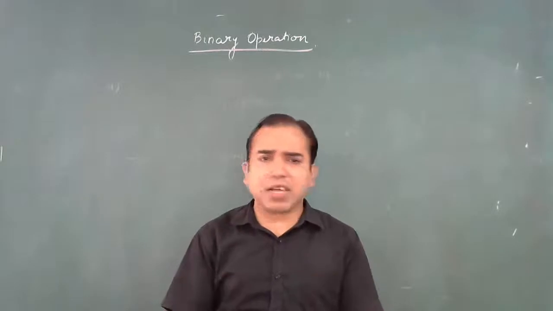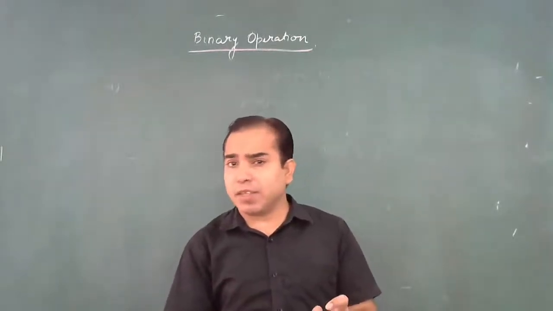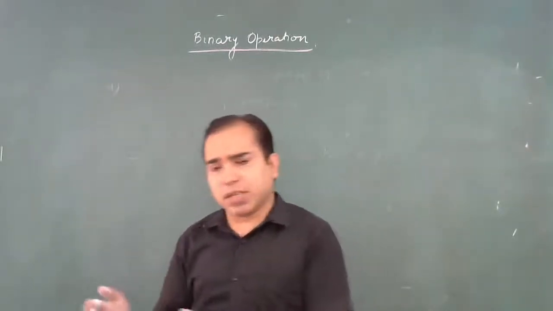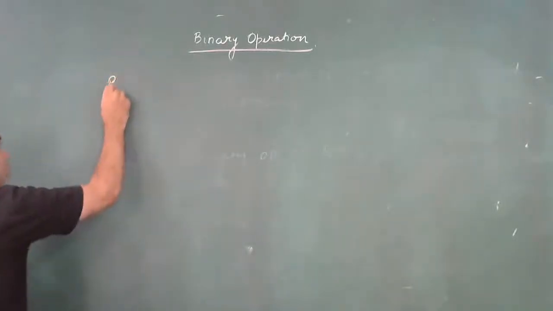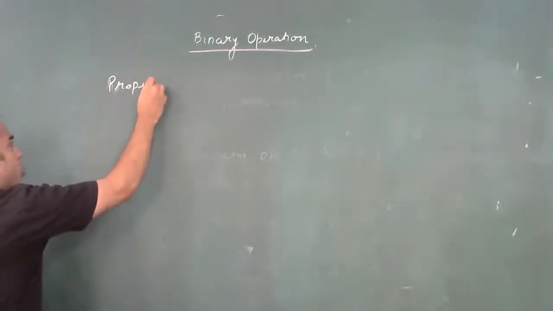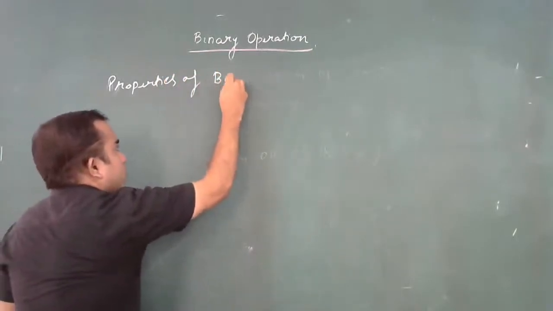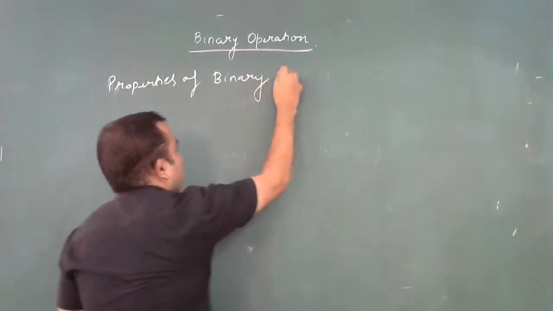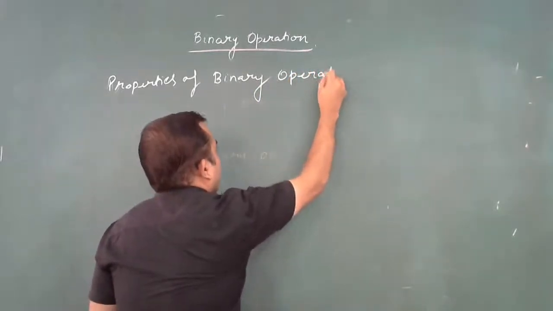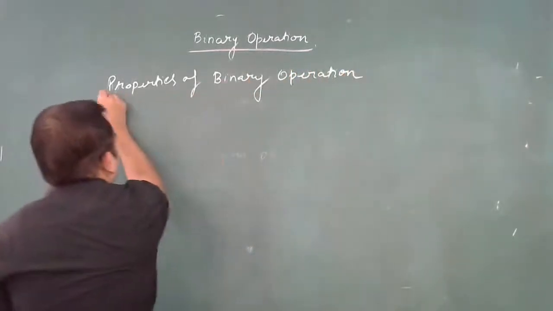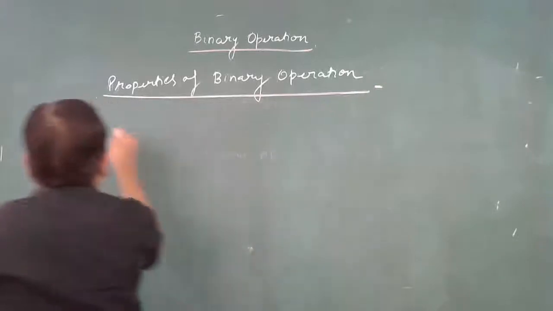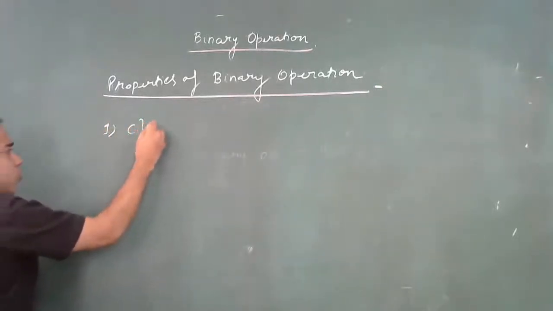Very easy. बहुत आसान है. आपने पहले भी सुनी होगी क्लास 10 में probably. एक बार फिर से यहाँ पे बात कर सकते हैं. Properties of binary operation. The very first one is closure law.